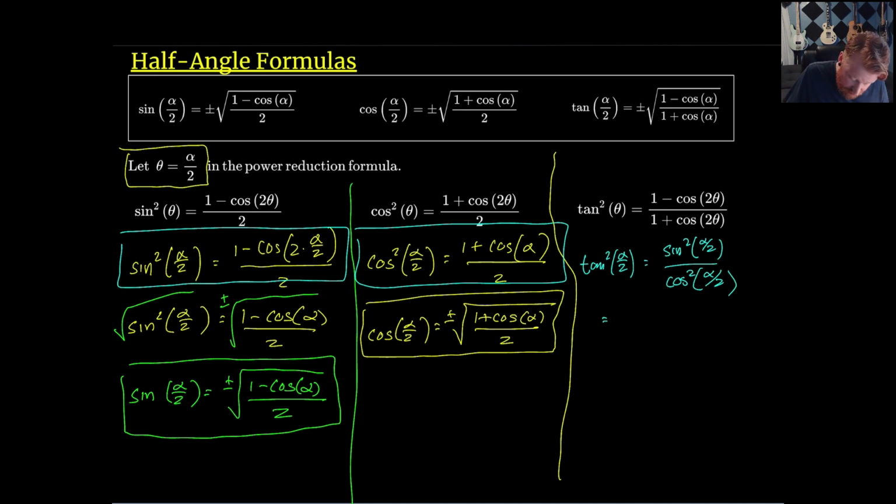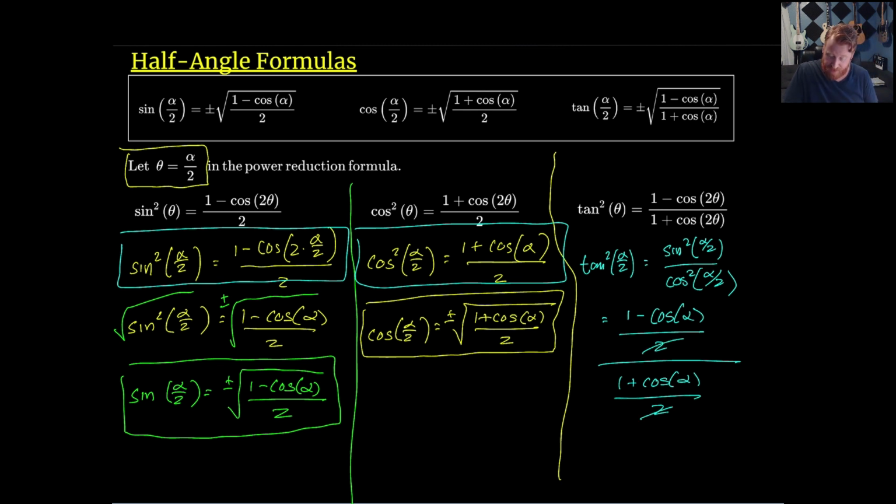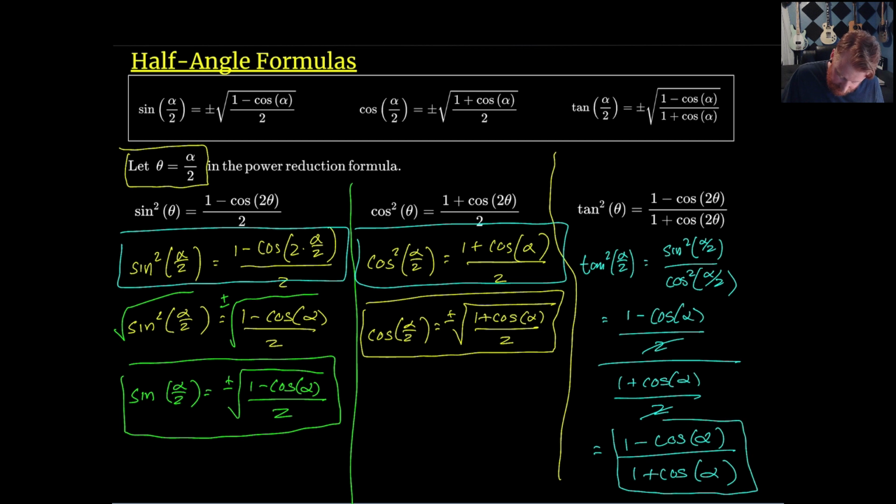Sine squared of alpha over 2 is 1 minus the cosine of alpha over 2, and the cosine squared of alpha over 2 is 1 plus cosine alpha over 2. Just like before, these 2's will undo each other, and what we're left with is 1 minus the cosine of alpha over 1 plus the cosine of alpha. So there is the tangent version as well. Now if we need to find some half angle, we've got these formulas at our disposal.